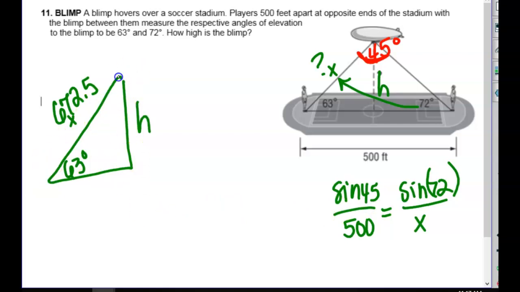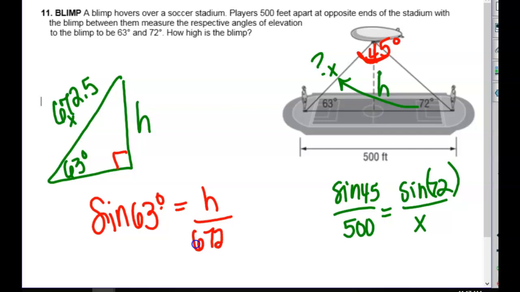Now, we want the height. So now if we take this little right triangle out, you can use law of sines again if you want with a 90 degree, but you could also do what? Opposite over hypotenuse is the sine of 63 degrees equals h over 672.5. Just right triangle trig, SOHCAHTOA stuff.